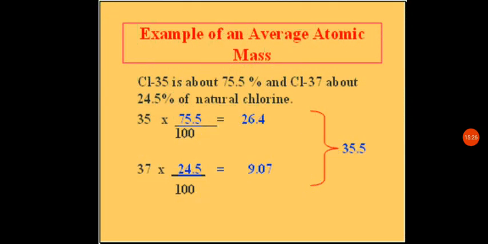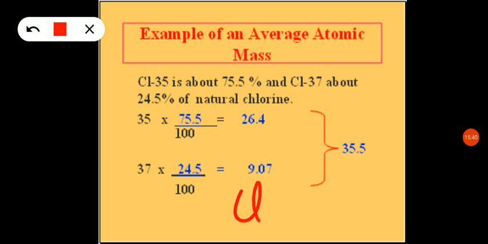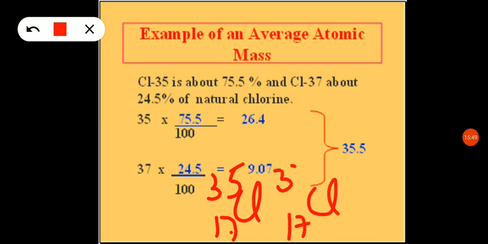One more isotope is there, that is chlorine. Chlorine occurs in nature in two isotopic forms. One chlorine has atomic number 17 and mass 35. One more, 37. So there are two isotopic forms of chlorine. But how do you calculate the mass of chlorine?